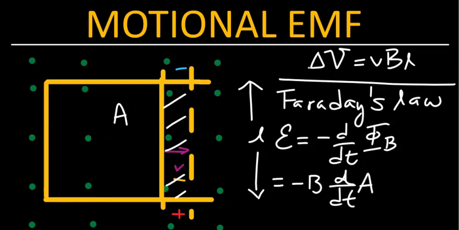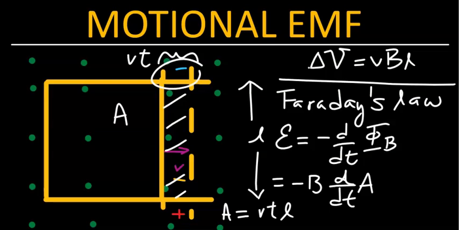Note that since the rod is moving with speed v, this length here, the additional length, quite simply becomes vt, where t is the time it takes to cover this much distance. So the area A is quite simply vt times L, this side times that length.